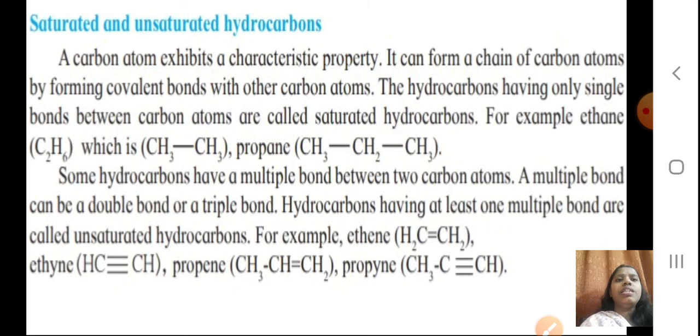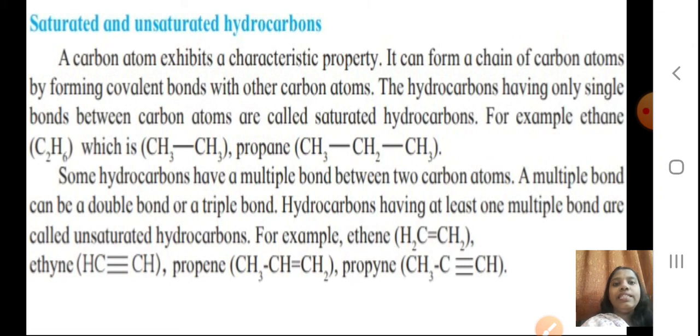Now we will see saturated and unsaturated hydrocarbons. A carbon atom exhibits a characteristic property: it can form a chain of carbon atoms by forming covalent bonds with other carbon atoms. The hydrocarbons having only single bonds between carbon atoms are called saturated hydrocarbons.